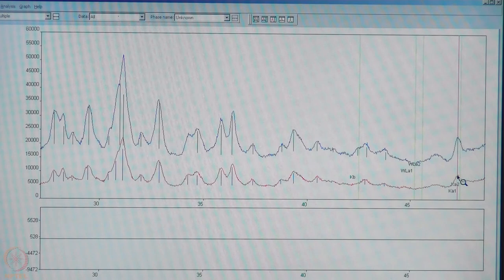So, always we must remove K beta either at the end of the source, that is before the diffraction occurs, or before the diffracted beam meets the detector and generates signal, the K beta filter has to be placed. K beta filter can be placed immediately after the optics, before the X-ray falls on the sample, or after the diffraction occurs from the sample and before the beam reaches the detector.